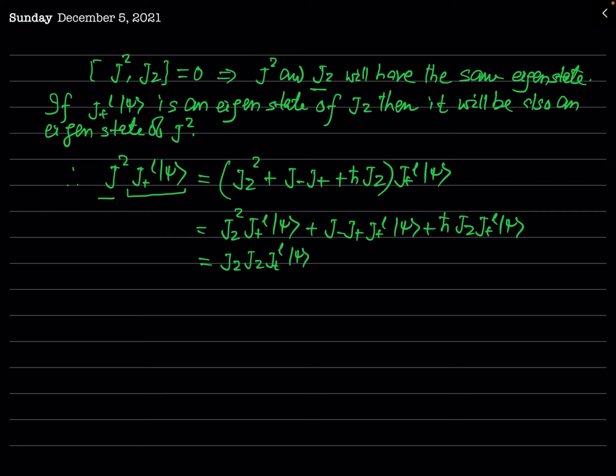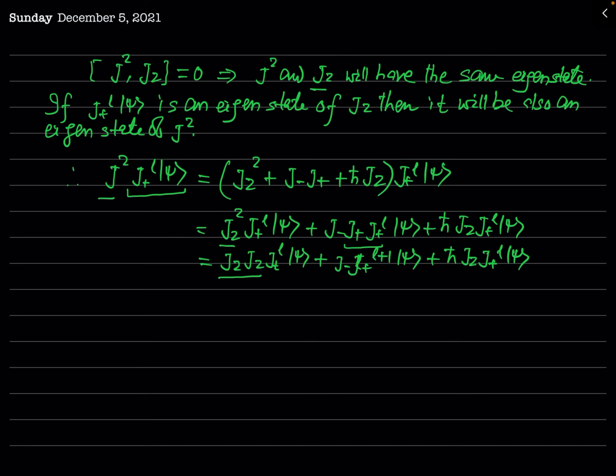In fact, here I have written jz instead of this jz square, and plus, now you can see this j plus times j plus L. This can be written as j minus j plus L plus 1 k psi and plus h bar jz j plus L k psi.